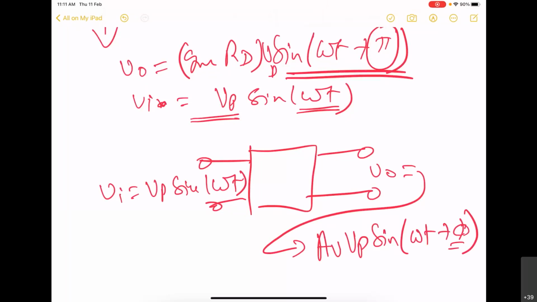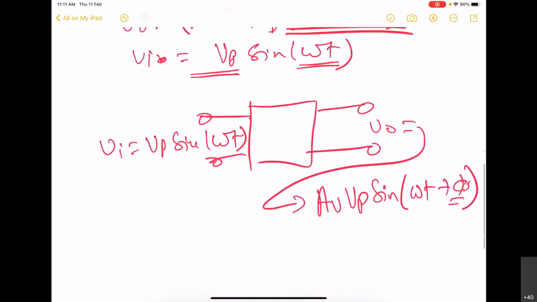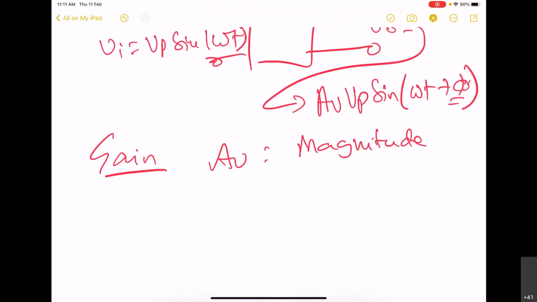It was this phase for the common source amplifier, 180 degrees, which manifested as the minus sign here. So in general, when you talk about the gain AV, there will be two aspects: the magnitude, and second, the phase.